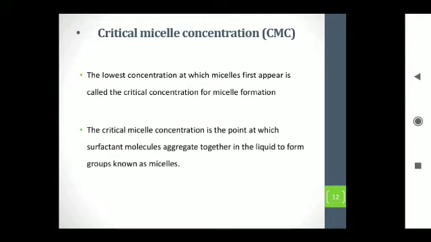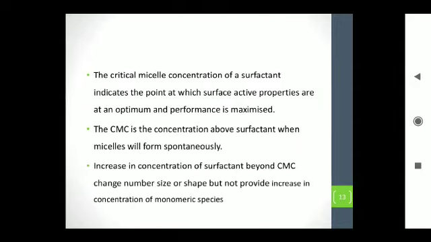Critical micelle concentration. The lowest concentration at which micelles first appear is called the critical micelle concentration. The critical micelle concentration is the point at which surfactant molecules aggregate together in liquid to form groups known as micelles.